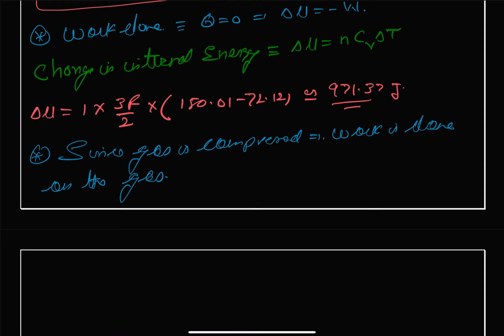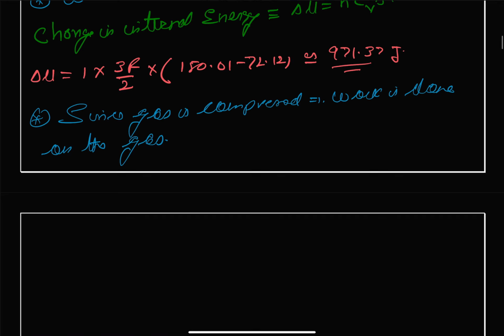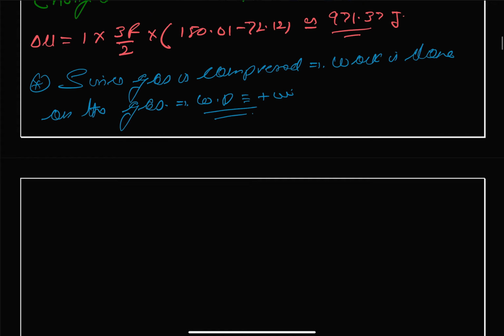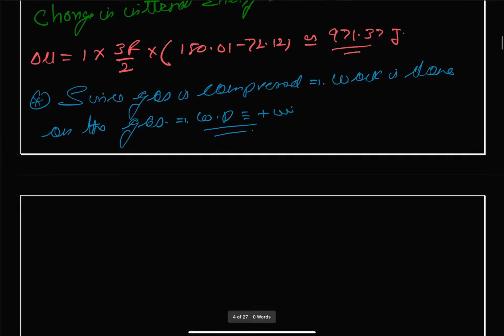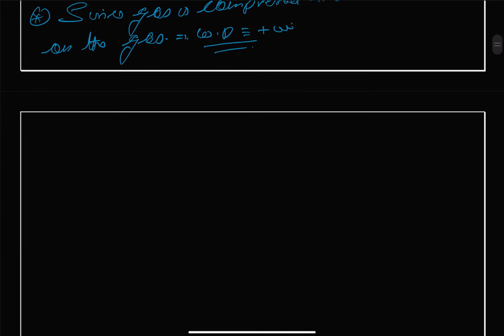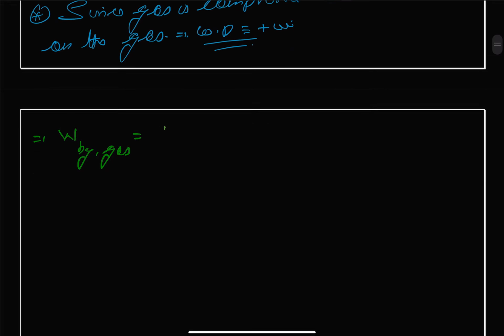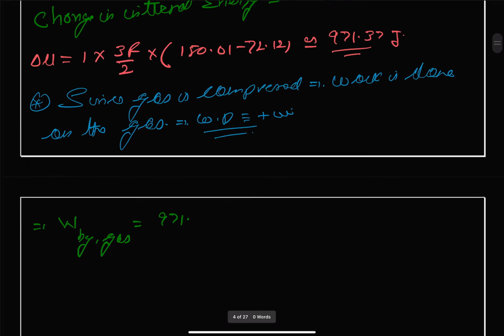Based on this, we can say that the work done on the gas will be positive. And thus we can write that the work done by the gas will be equal to negative 971.37 joules.